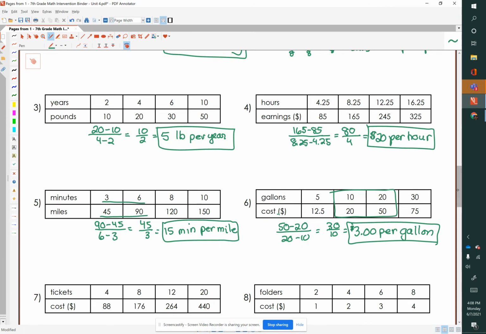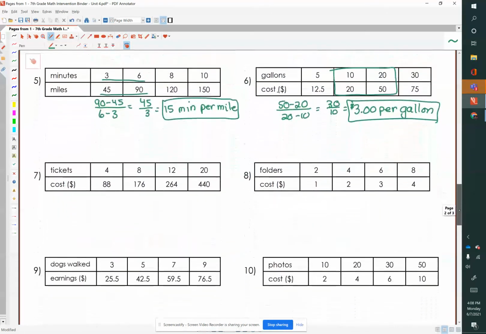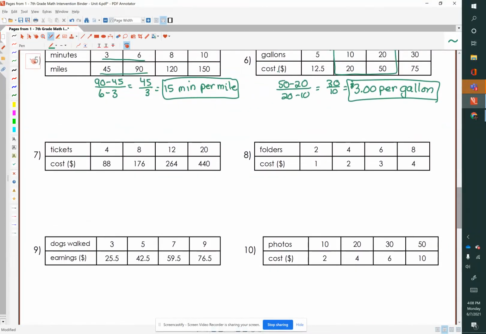Okay, number 7, looks like we're selling tickets. So let's use the first two numbers. 176 minus 88 over 8 minus 4. And 176 minus 88 is 88.